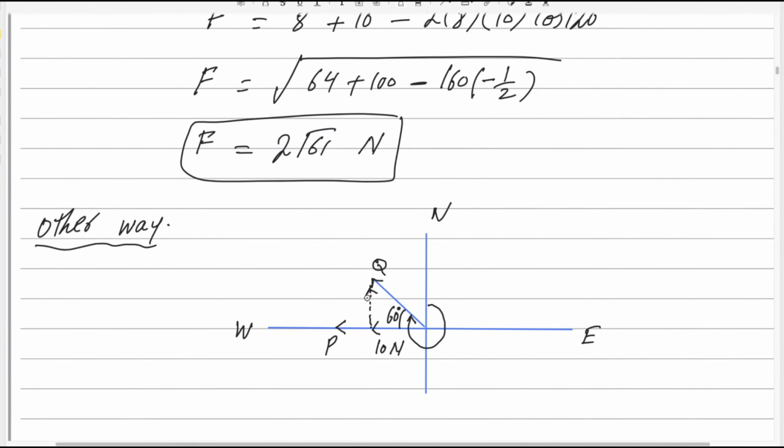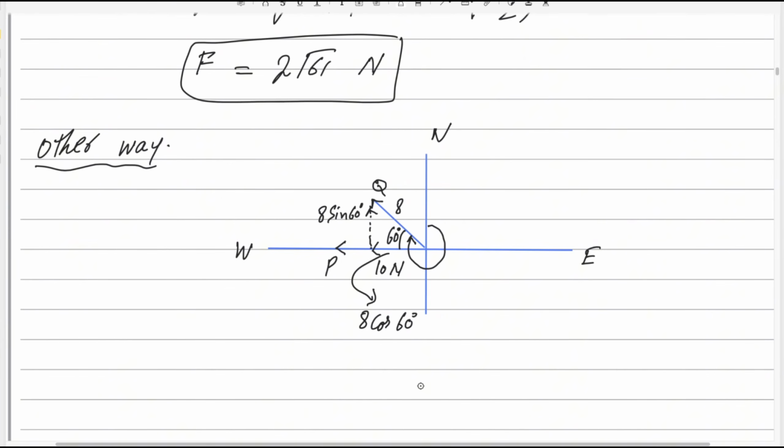This vertical component, because this force is 8 Newton, will be 8 sine 60. The horizontal component will be 8 cosine 60 degrees.